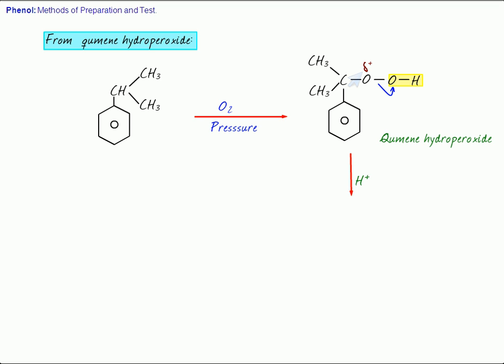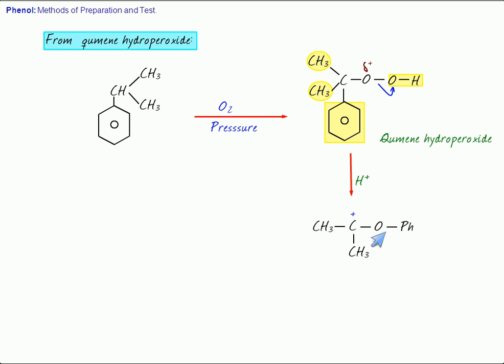So then what happens, from the adjacent carbon, out of the three groups, methyl, methyl and phenyl, the one with maximum electron density migrates. And as all of us know, phenyl has the maximum density, therefore the phenyl migrates, resulting in the formation of CH3, CH3, this was already there, plus will be there on carbon, and this will become OPh.